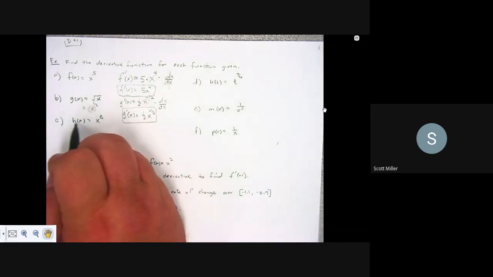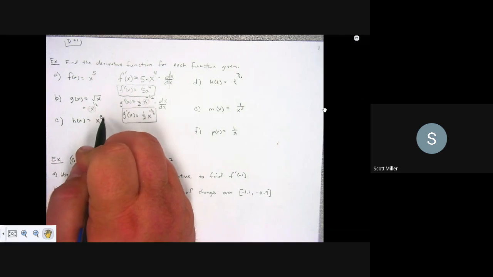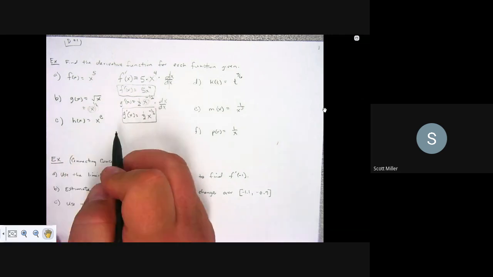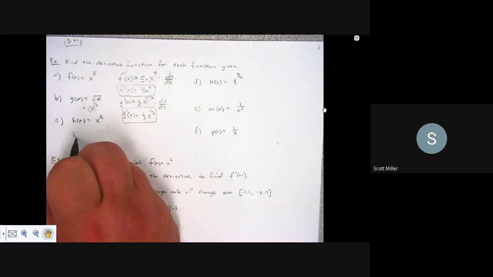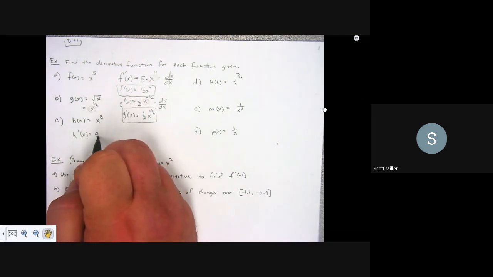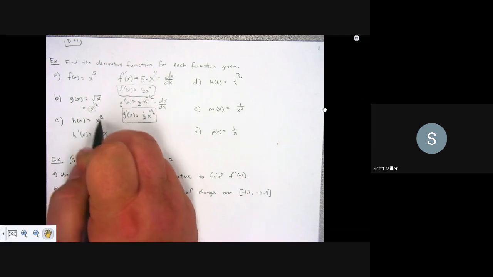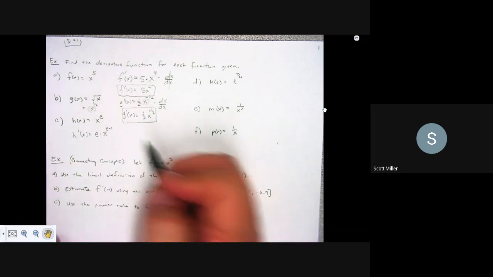Here is h of x is x to the e. e is indeed a number. So we can use our rule for it. So h prime of x, take the exponent, multiply it out in front. There's my base number right here, my x quantity. And then lower the exponent by 1, which basically means take the e and subtract 1 from it.